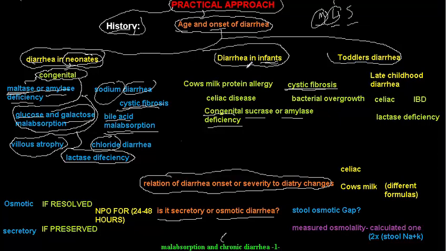The baby may be switched to formula instead of breastfeeding. So we may have what we call cow's milk protein allergy, and I'm going to talk about this in another separate video.